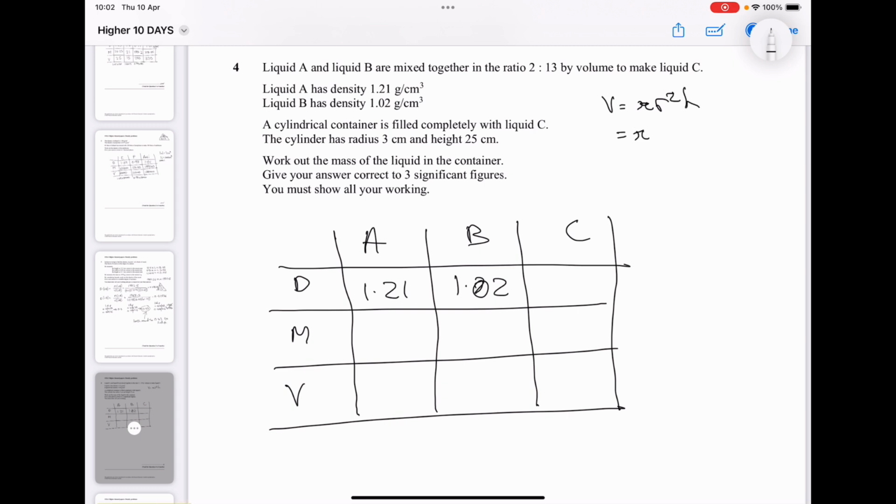So I've got pi, I've got radius of 3 squared, and the height is 25. I'll put that into my calculator. It should be 225 pi.